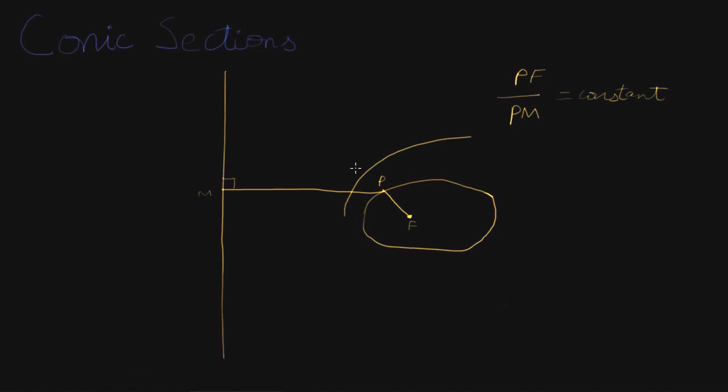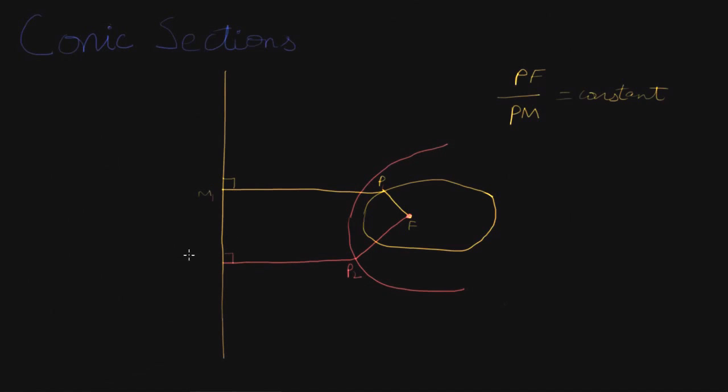Let me do that in a different color. Now I have this parabola, and with the same focus now, I'll draw, let's just call this P1, and this point will be P2, and that's my 90-degree angle.